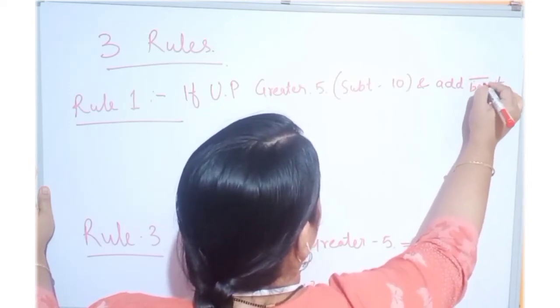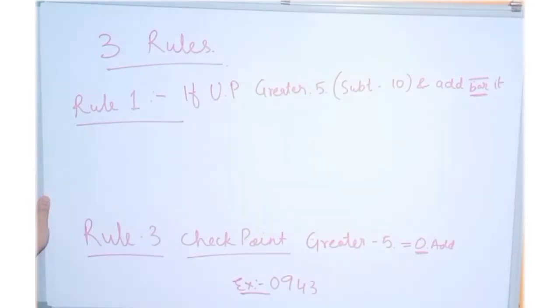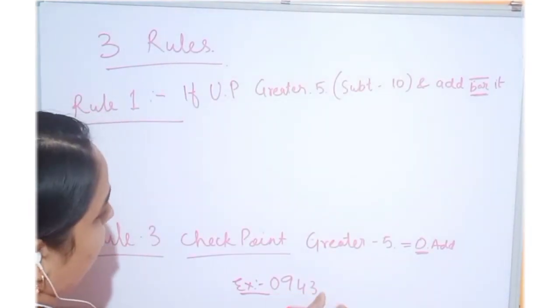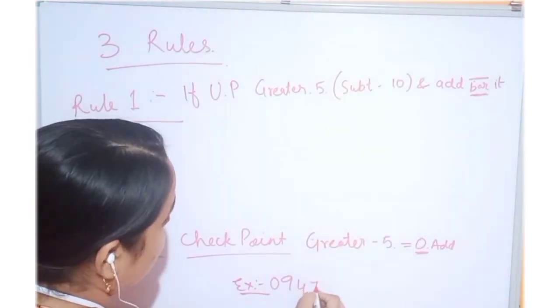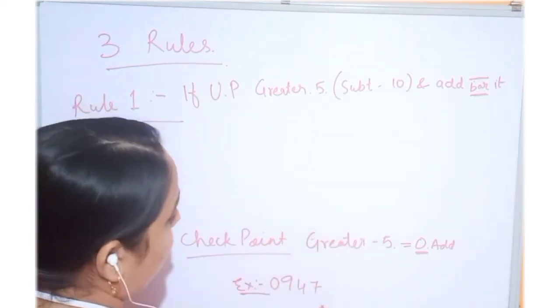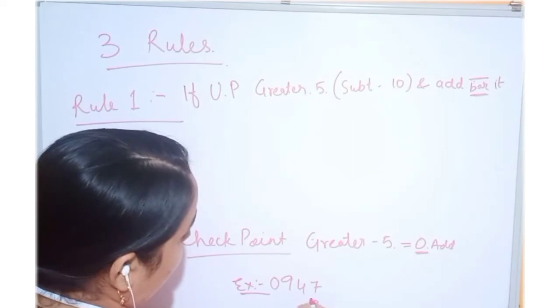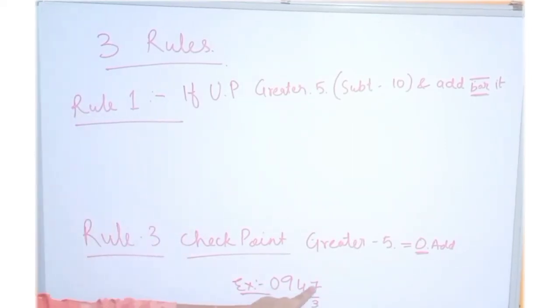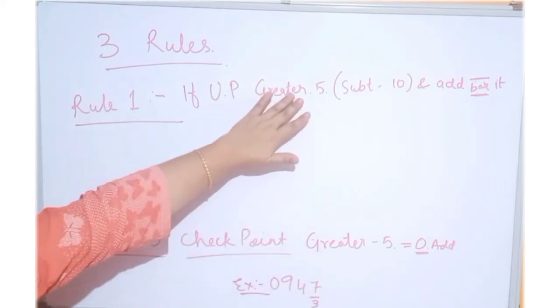This is the bar, I am writing it here. So if the unit place is, not 3, it is 7, we have to subtract it from 10, which will give us 3, and add bar. So 7 will be converted to 3 bar. This is the example for this.